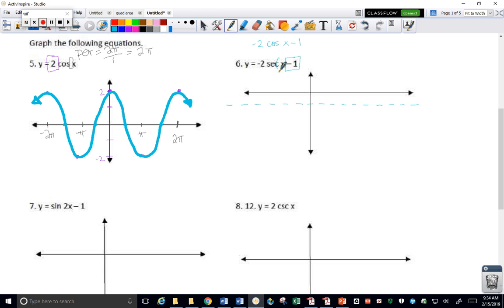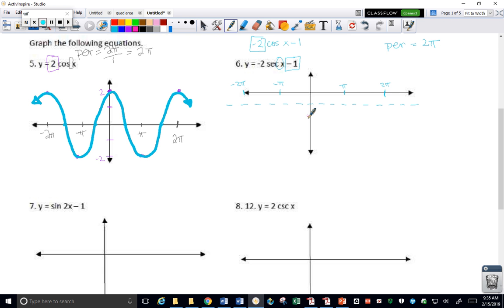Okay, we notice that there's no number in front of x, so the period is going to be 2 pi. So we'll put a 2 pi mark over here, and then a pi mark, and then of course a negative on this side. And we notice that there is a negative 2 in front of the word cosine, so that's going to be our amplitude and tells us where we start.